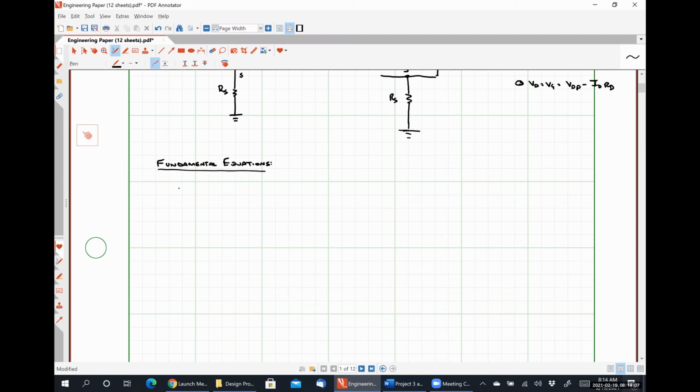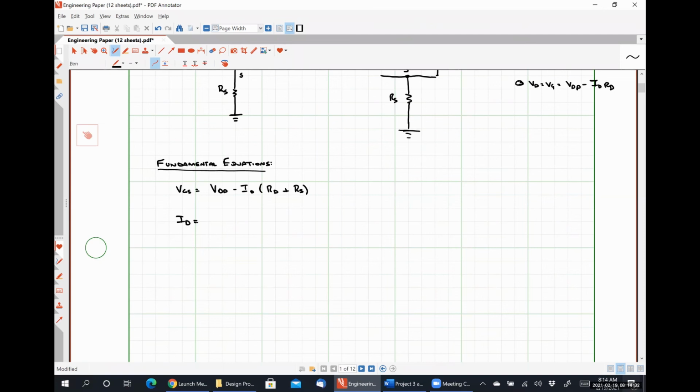All right, so VGS will be that voltage VD minus the voltage Vs. So that means we're going to have VDD minus ID times RD plus RS.